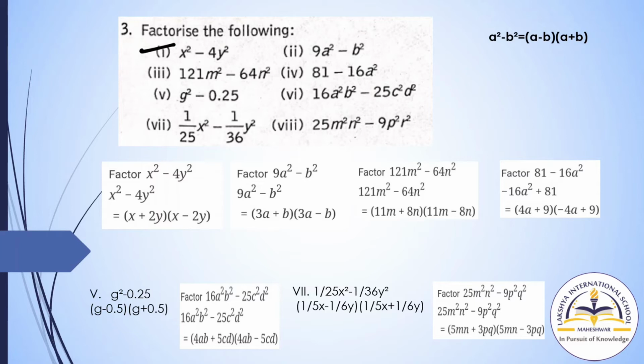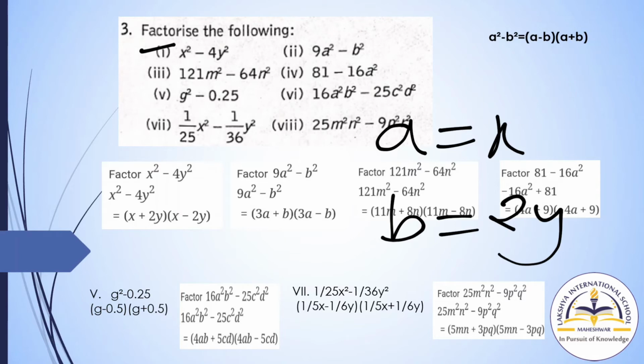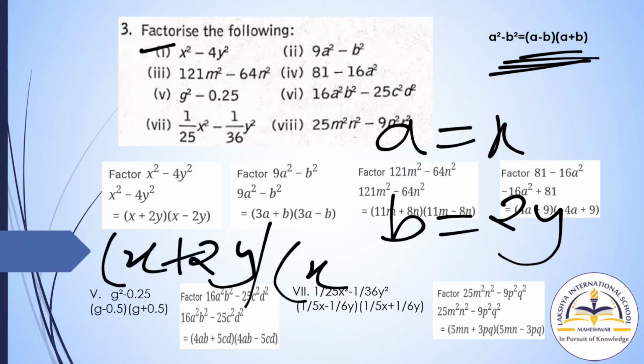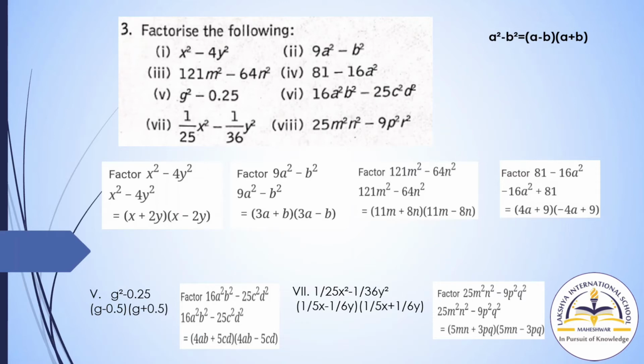It means the value of a is x and the value of b is 2y. According to the identity we have to write them with positive sign also, with negative sign also. It means x plus 2y and x minus 2y. This will be the answer. Here it is given x plus 2y and x minus 2y.